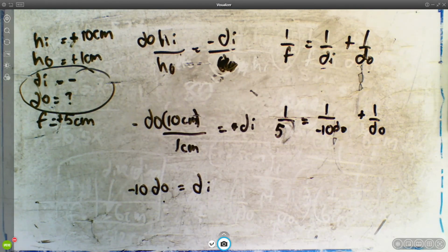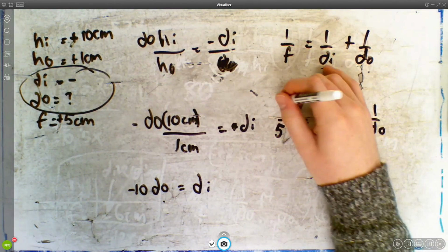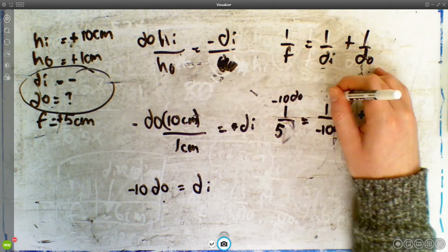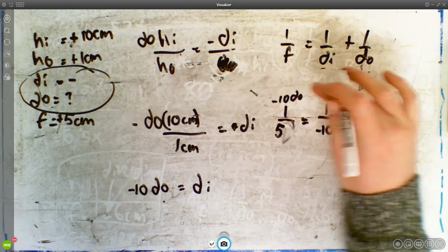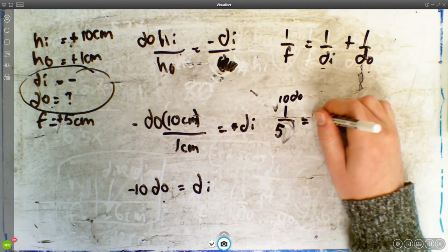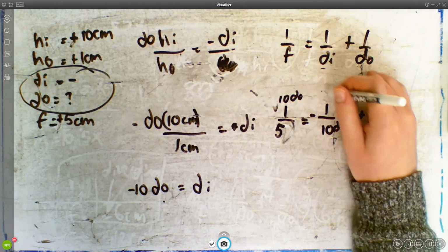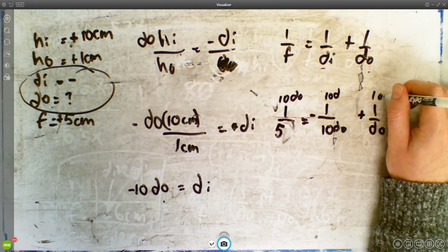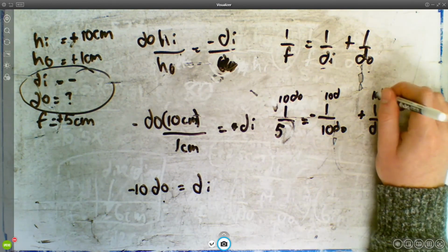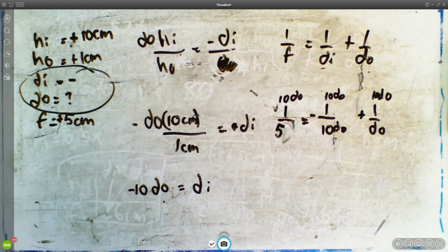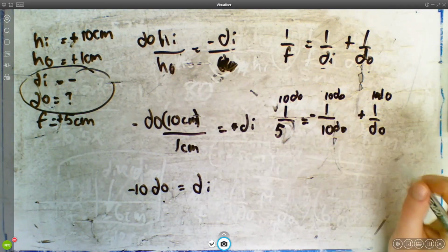So this is a little bit tricky, but what we have to do is multiply by a common denominator. So if we just multiply everything by negative 10 dou, or even just 10 dou. Let's just make this negative because that's the same thing. So we'll multiply everything by 10 dou, that common denominator.